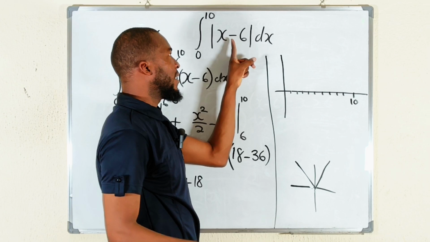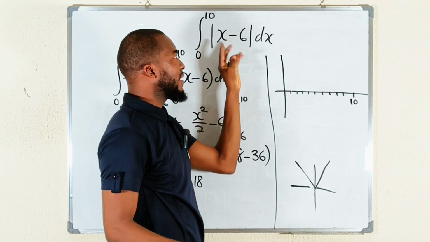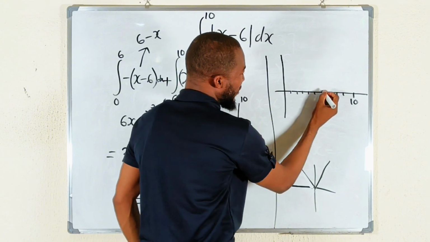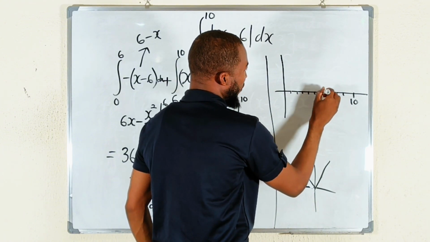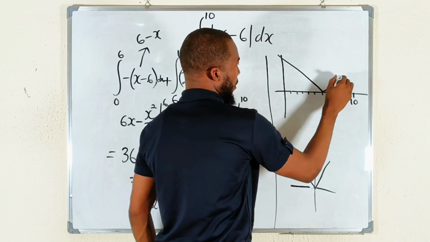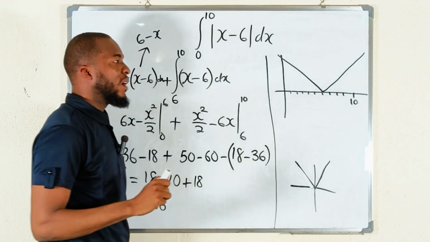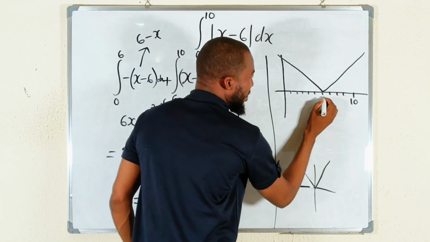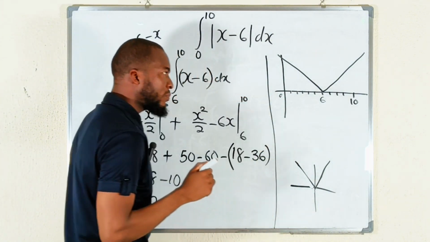But because the graph has been shifted 6 units to the right, 1, 2, 3, 4, 5, 6. So this is the vertex of that curve. So this is literally how the graph looks. This is 6. Remember, this is 0.